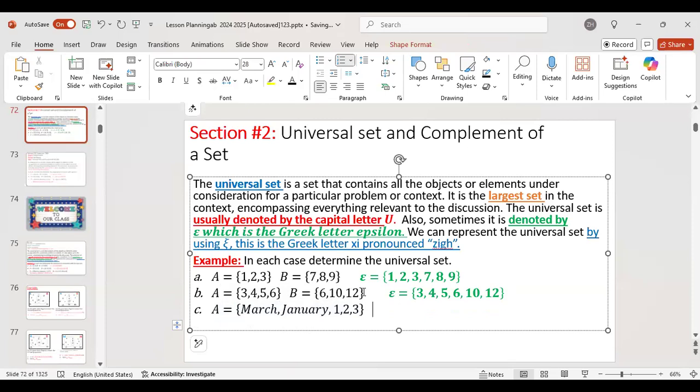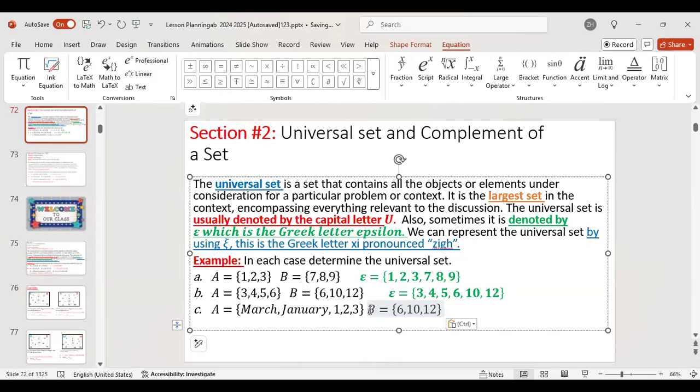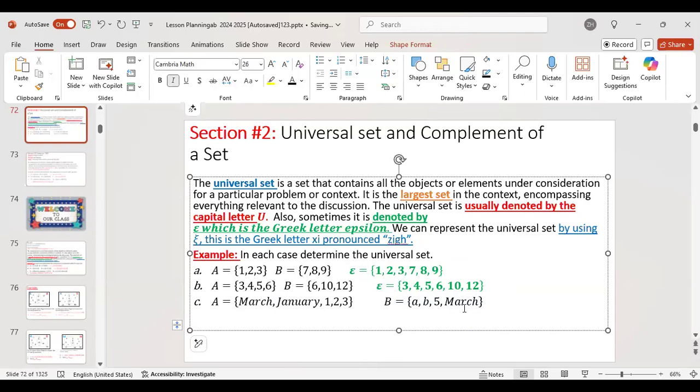Let's say that B contains A, B, 5, March. Okay. What's going to be in the universal set?